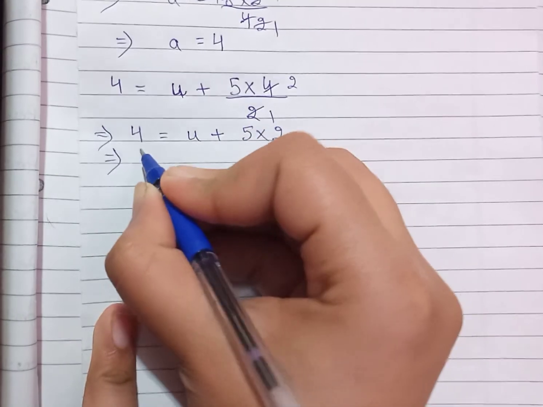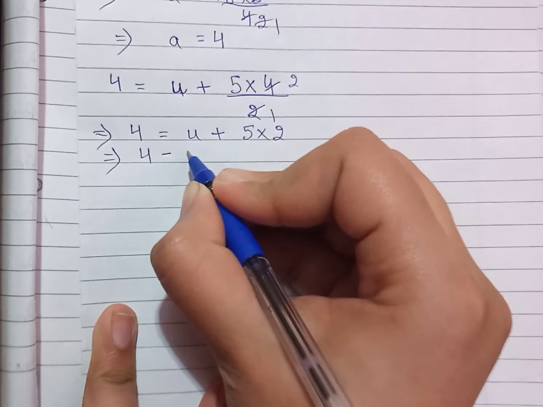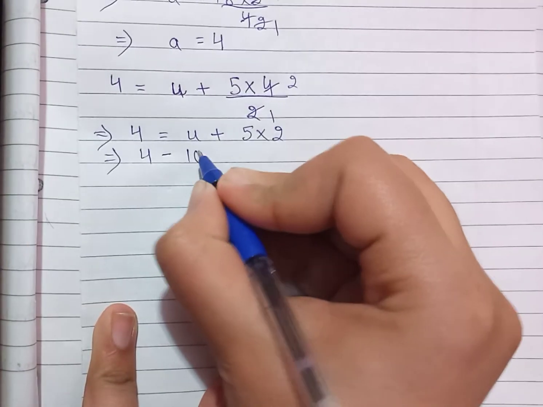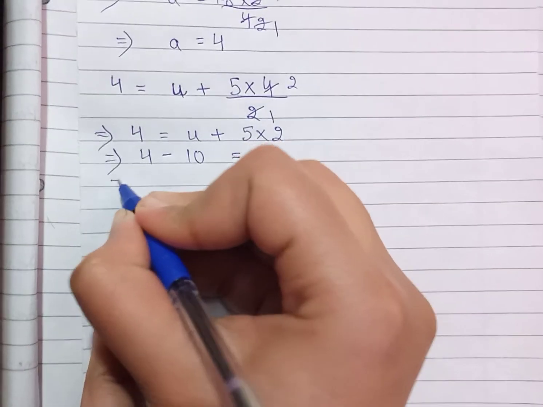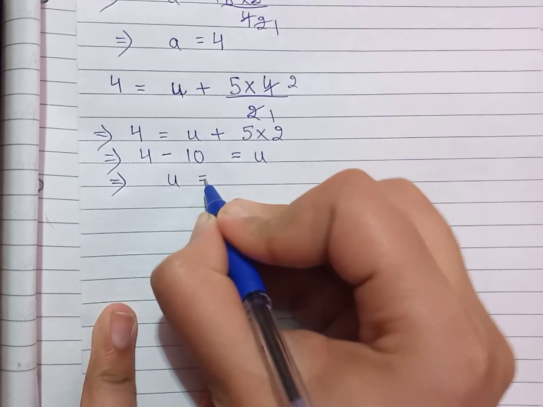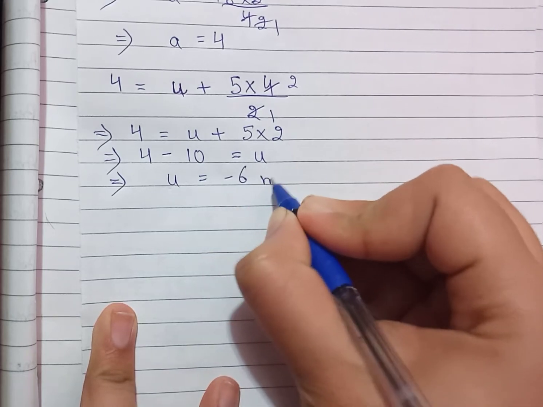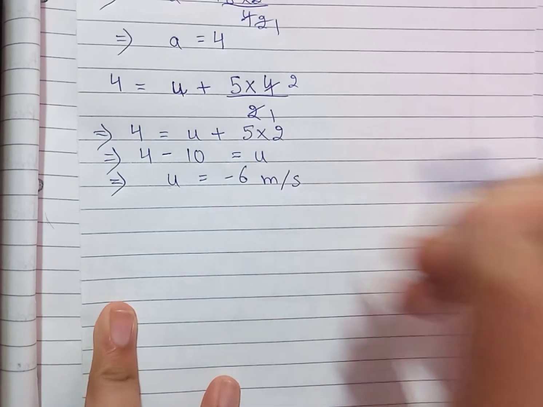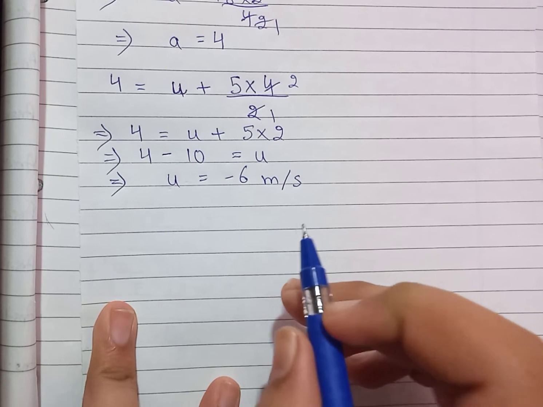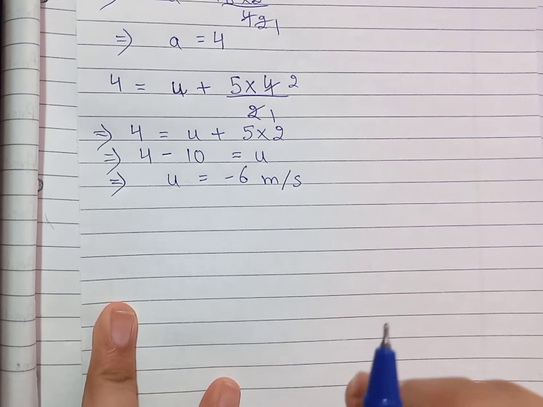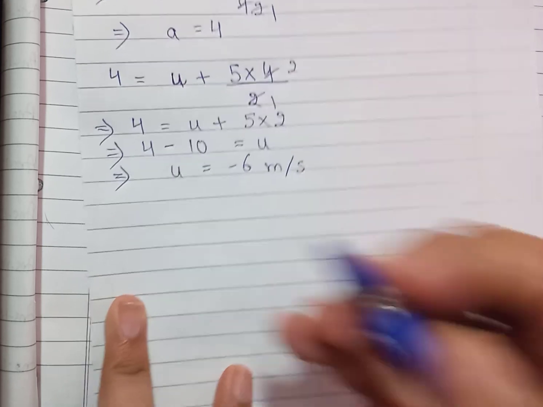This implies 4 minus 10 is equal to u. This implies u is equal to minus 6 meter per second. Since acceleration is constant, therefore we have proved the motion is uniformly accelerated.